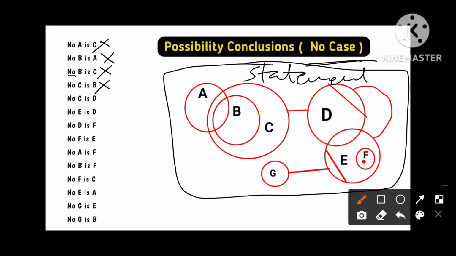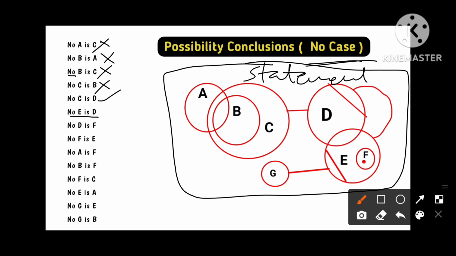Next one. No C is D. In our statement Venn diagram, we can see that C doesn't share with D. What the diagram actually means is the same. No C is D. So this conclusion will be true. Some part of C doesn't share with D. So some case fails means no case will be true. Next one.